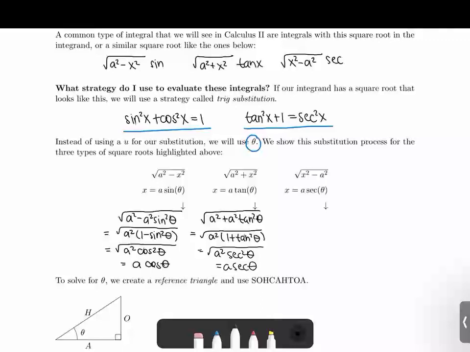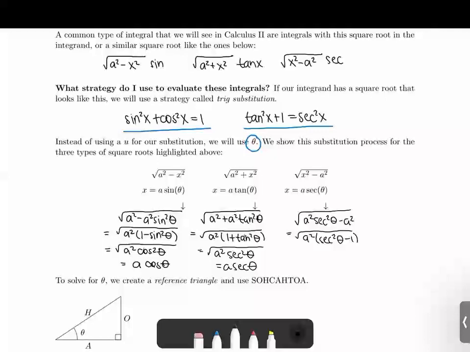And lastly, whenever we have that square root of x squared minus a squared, we know that that's associated with secant because we remember our antiderivative rules from calculus 1, and we just rewrite this again in the same manner. So we are going to have a squared secant squared minus a squared, we factor out that a squared that's in common.